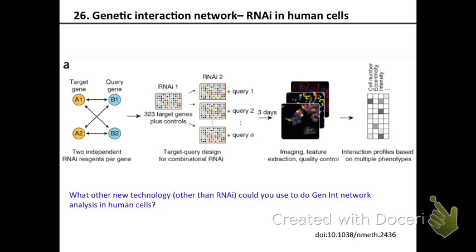So that's with RNAi. Now think about all our lectures in the past and give me another technology that you might be able to use to make genetic interaction networks in a very similar way as people have done in yeast. Instead of RNAi, what can you do to impair two genes at a time in a human cell?